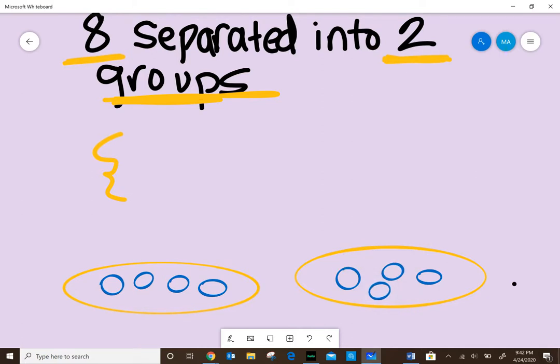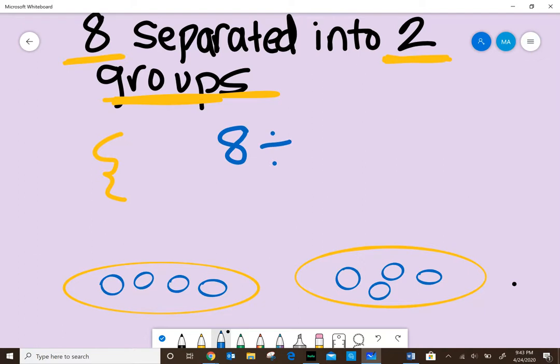Now they just don't want you to draw these. You're also going to have to solve. So you're going to have to find how many items were in each group. So for example, remember you can draw your division problem. 8 would be your dividend divided by your divisor, which is 2 groups.